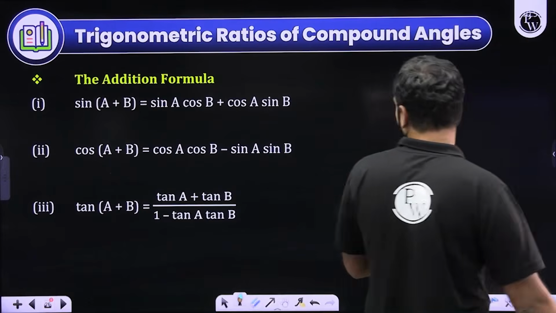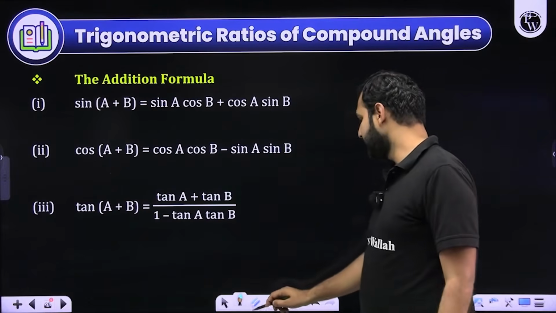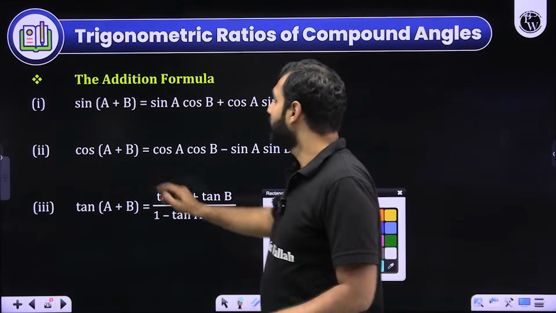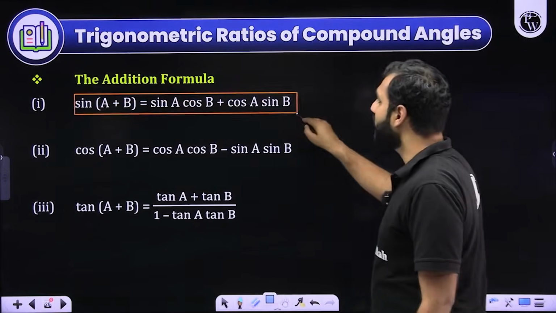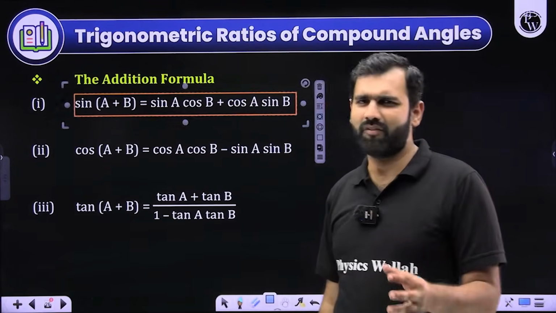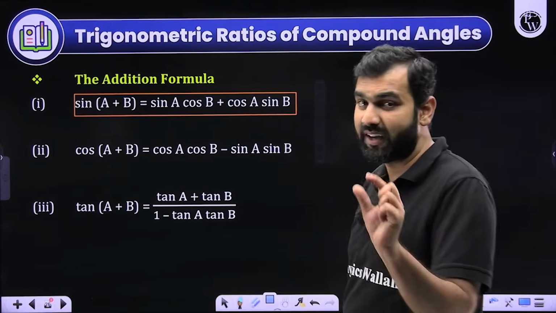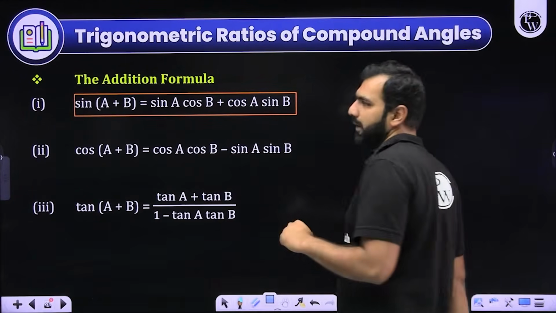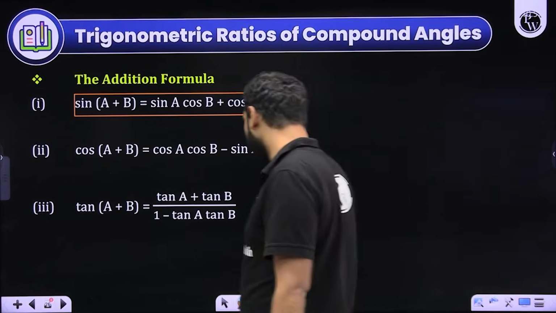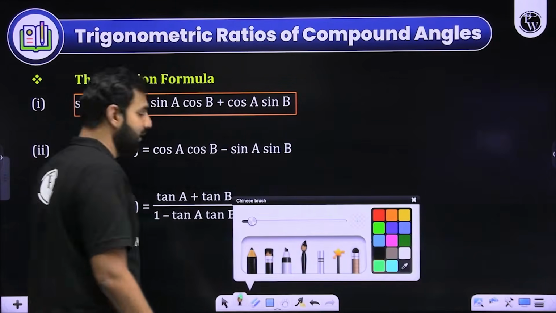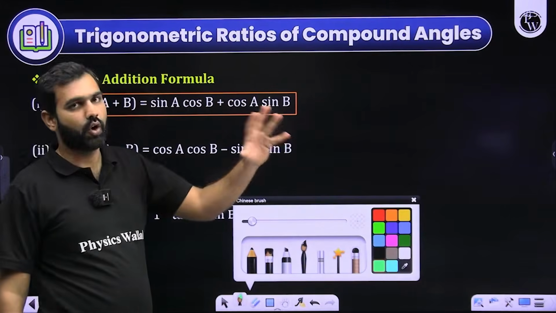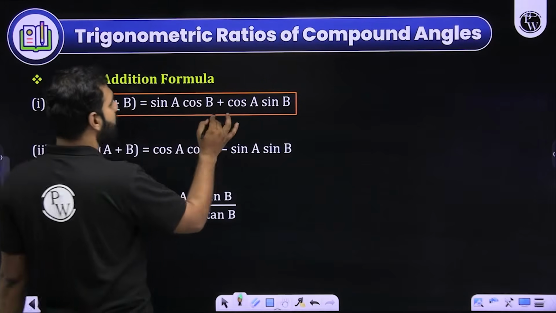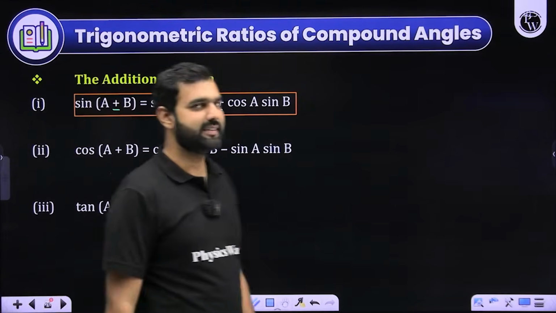Of course, we'll begin with the simplest one, which says sin(A+B). Remember, sin(A+B) is not sin A plus sin B. It is sine of the whole of A plus B. So it should be treated as sin A cos B plus cos A sin B. Of course, it has its own proof, which we will not discuss in this video. But this is something you should remember, on which questions are framed and asked. And if I were to use sin(A-B), then it will be sin A cos B minus cos A sin B.